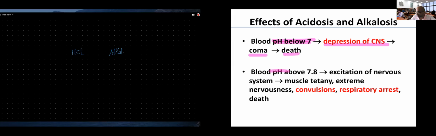And a pH above 7.8 can cause excitation of the nervous system, which results in muscle tetany, extreme nervousness, convulsions, respiratory arrest, and death. So if a person has a pH below 7, he is at risk of dying. And if a person has a blood pH greater than 7.8, again, he is at risk of dying.